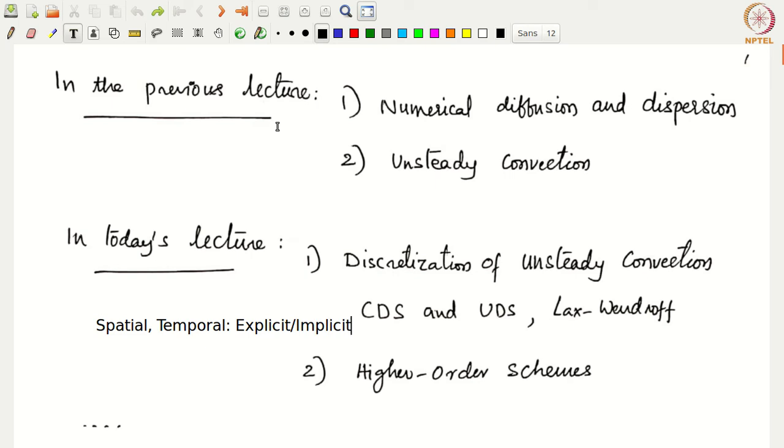And in addition, we will also look at another particular method that is known as Lax-Wendroff discretization. And then we will also look at constructing and using some of the higher order schemes for convection. Okay. Because till now we have only looked at upwind difference scheme, which is first order accurate in space, and central difference scheme, which is second order accurate in space. Okay. Alright, let's move on.